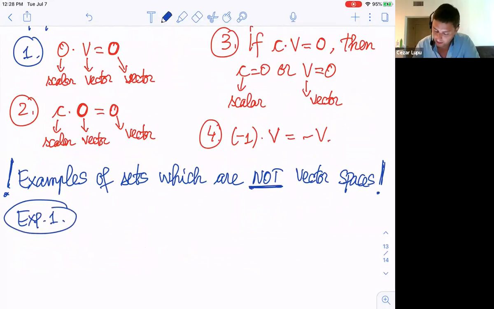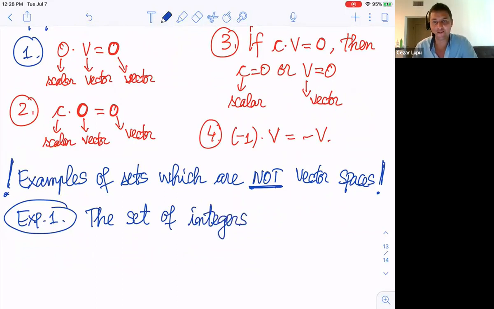The first example I have in mind is the following. I want to stress this again. These are examples of sets which are not vector spaces. The first example I have in mind is very easy. The set of integers. See, this is how simple it is. The set of integers is not a vector space.